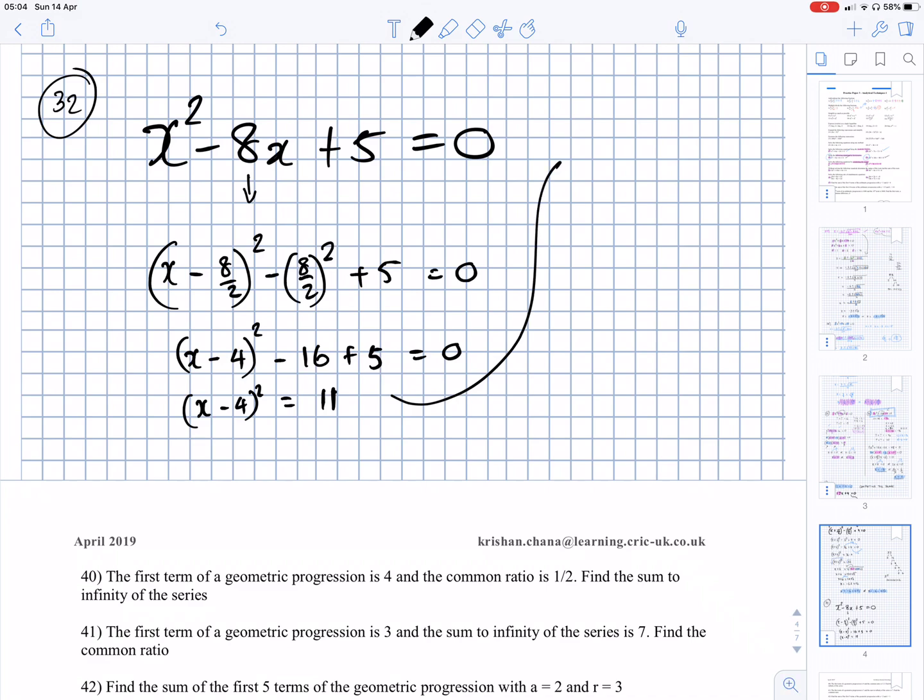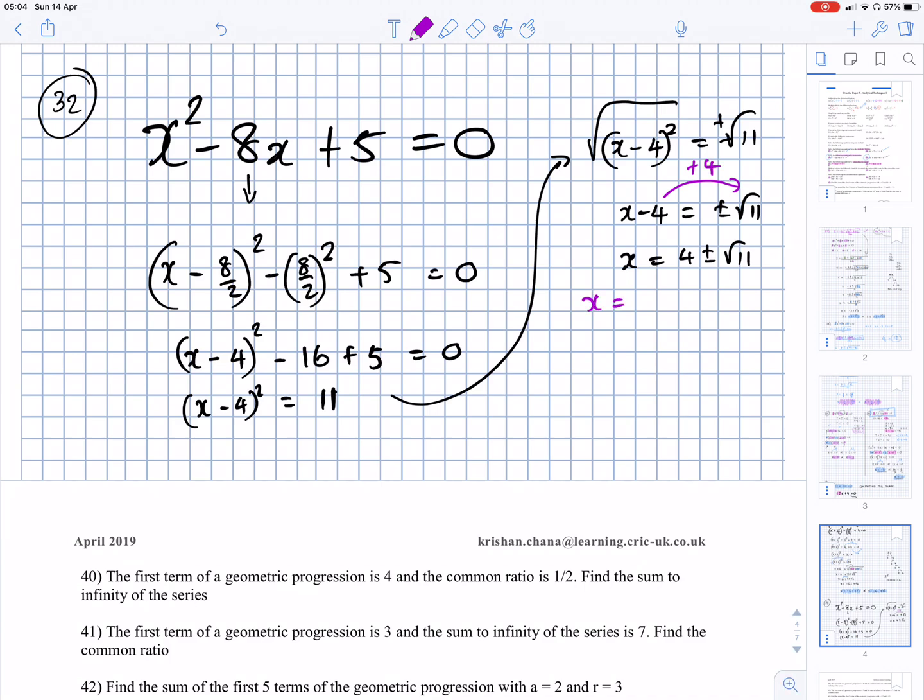So moving to this side, x minus 4, find the square root of that. You find the square root of 11. It's going to be x minus 4 equals plus or minus square root of 11. So this becomes x equals 4 plus or minus root 11, because the 4 goes over, becomes a positive 4.